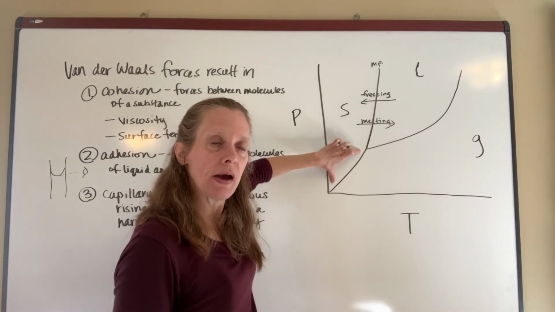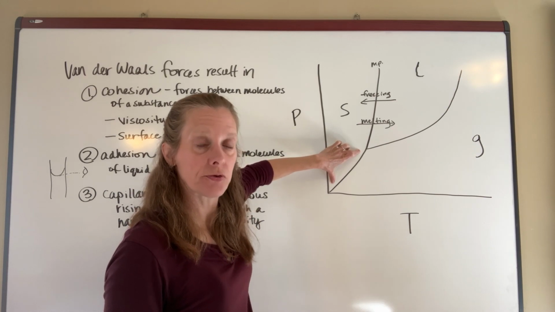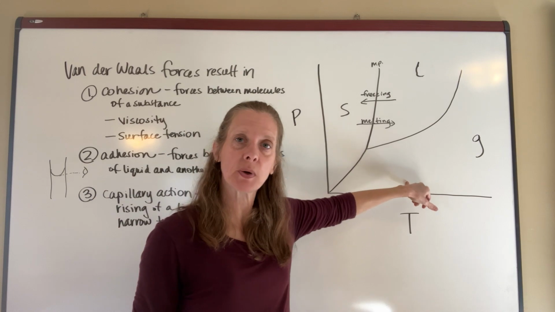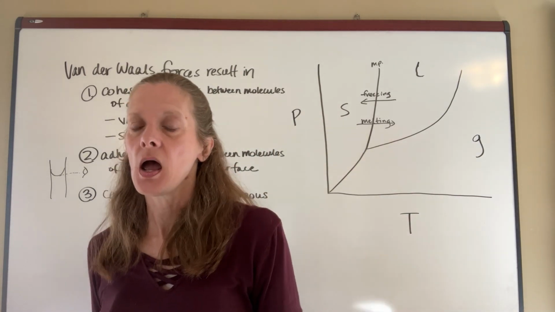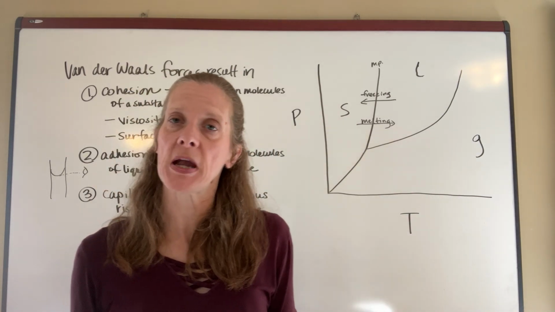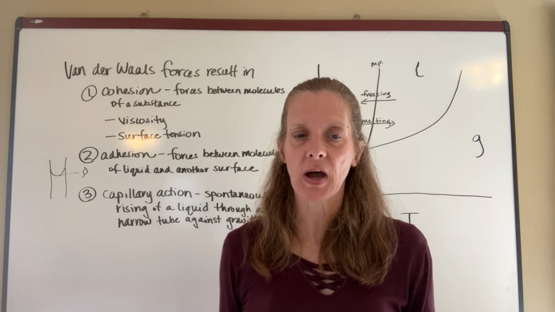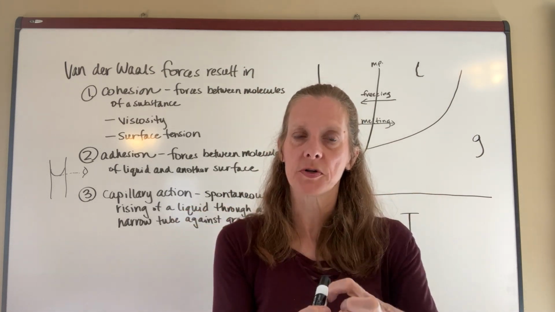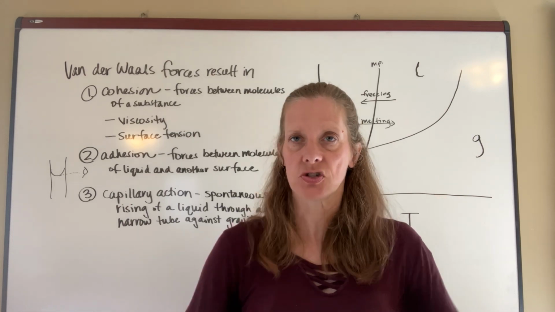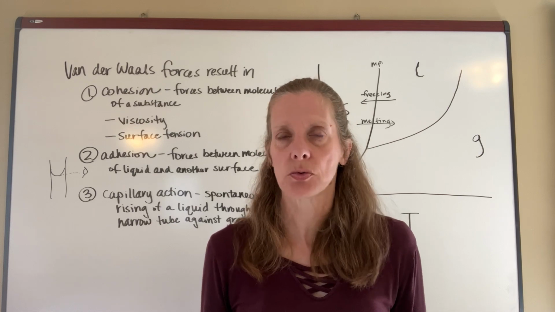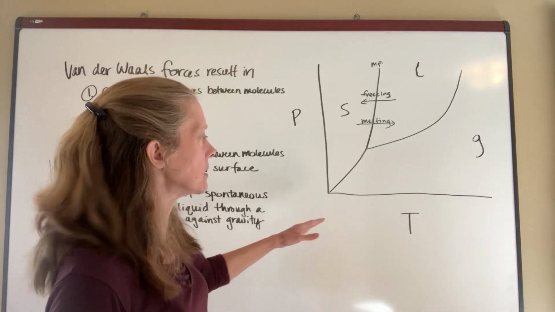Down here, this is where it is possible for sublimation to occur, where I can go from a solid directly to a gas. Now, you may have seen sublimation if you've ever had any contact with dry ice, because if you've got a chunk of frozen carbon dioxide and you just let it sit out, it looks like it's steaming or smoking. That's really not what it is. It's actually vaporizing.